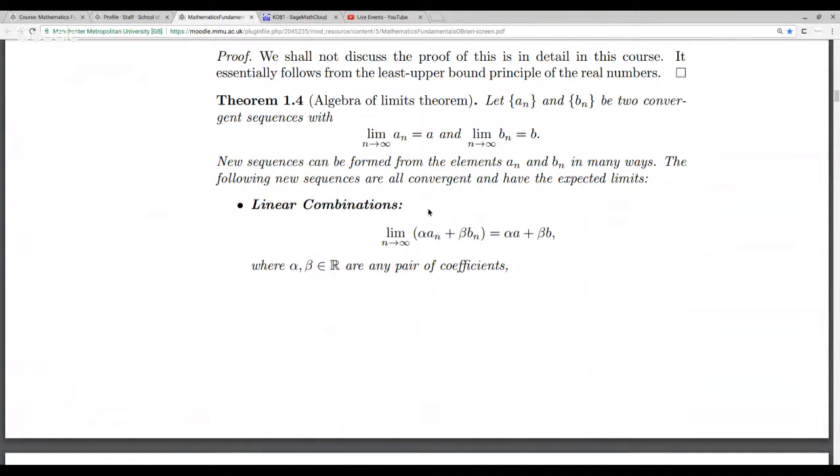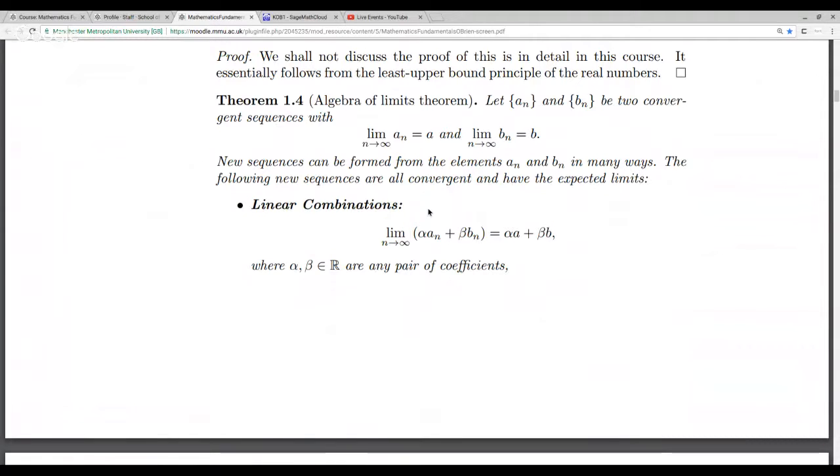That phrase will come up a lot in the linear algebra subject. So this is a linear combination of an and bn, taking some real number coefficient alpha times an plus beta times bn. Now it turns out that if the original two sequences an and bn were convergent, then so is this new sequence.